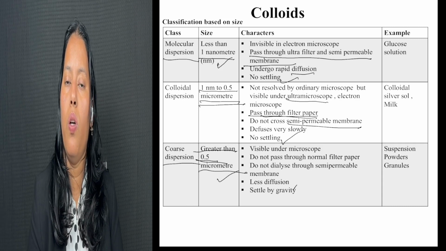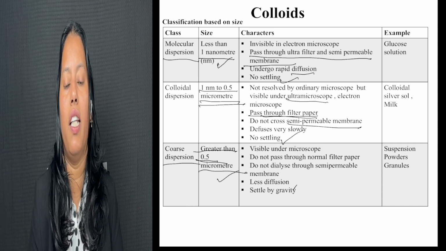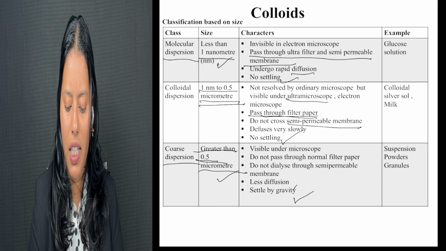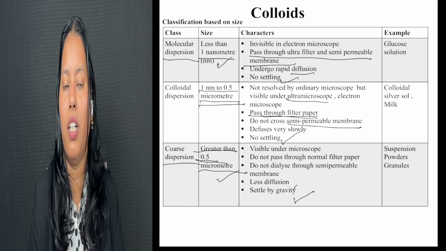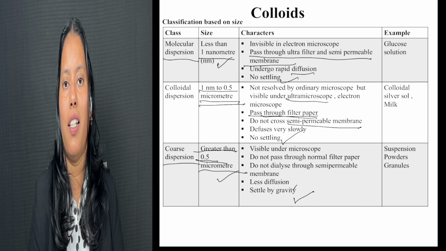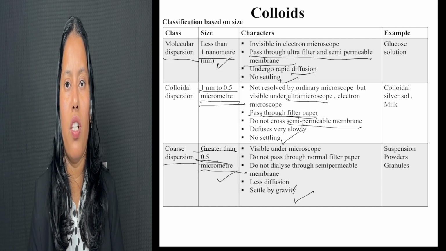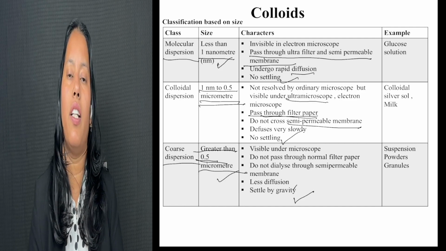So there is no sedimentation or no settling. But if you see the suspension of this sand, you will find that yes, there is a sedimentation because the particles are heavy and there is not uniform distribution. The heavy particles settle down.